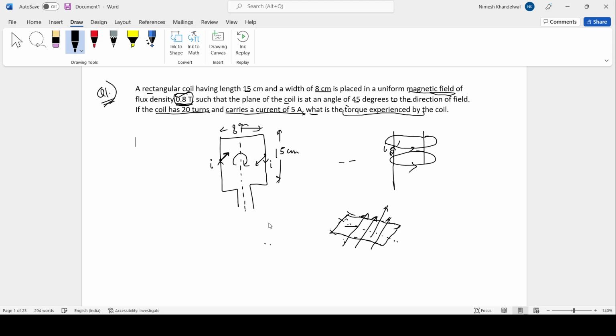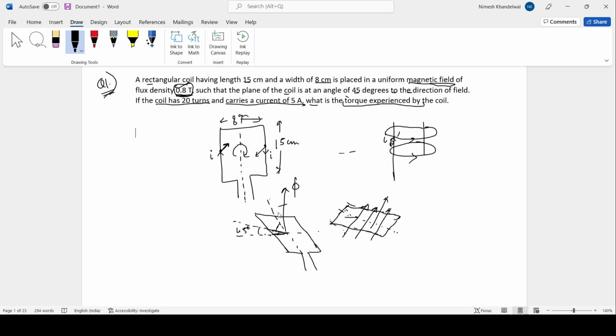So if this is our coil, and this is horizontal, then our coil is essentially making an angle of 45 degrees. And let us say that in the vertical there is your magnetic flux.